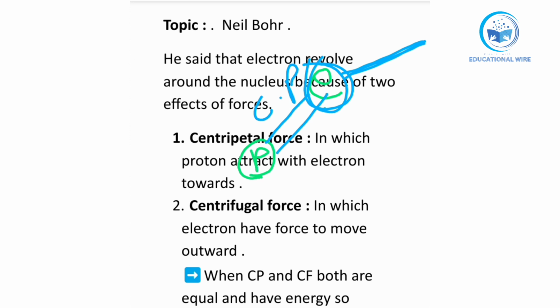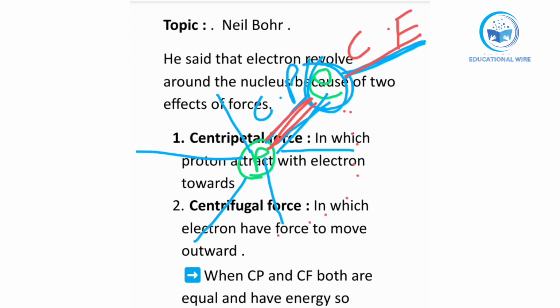But what happens when the proton is attracting it is that it makes angles over here. Now you can understand easily that it also tries to move outside, but it is attracted inside with the centripetal force, and this is the centrifugal force. When it tries to move outside, the centripetal force attracts it, so it just makes a circle on an angle.